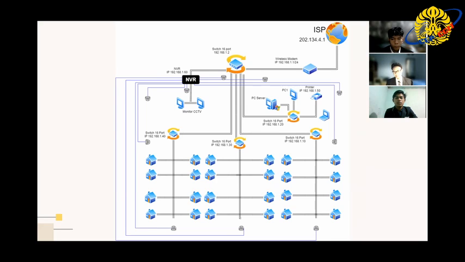And the .13 is for the second block, and the last, .14, is for the third block. And we also have the NVR to connect the CCTV to the monitor in the CCTV room, and we connect that with Ethernet cable. And the connection between switches we connect with fiber optic cable.